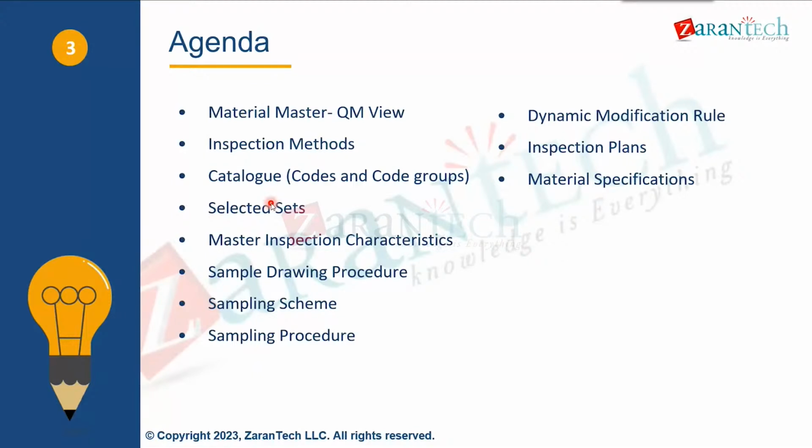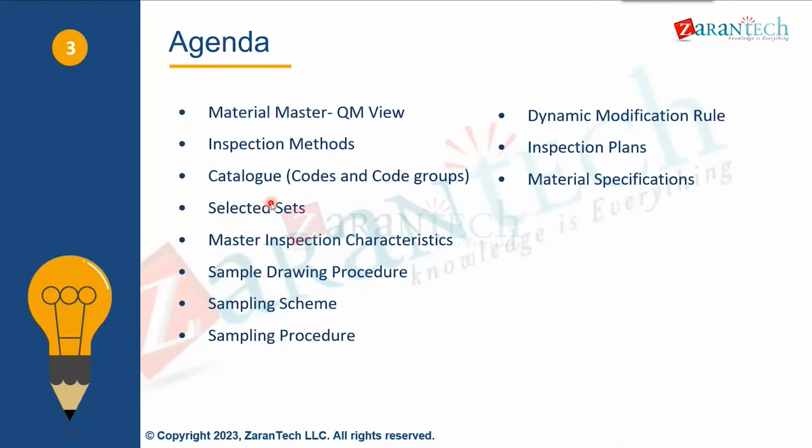One more important thing: there is no valuation in the code groups, but we have to maintain the valuation at the selected set level. So the valuation criteria, whether it is accepted or rejected, based on selection of your codes during results recording, that information we provide in the selected sets.